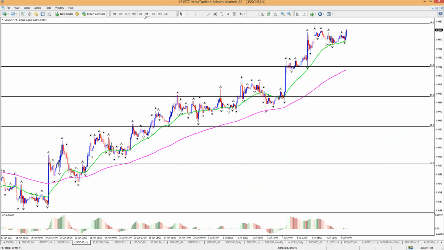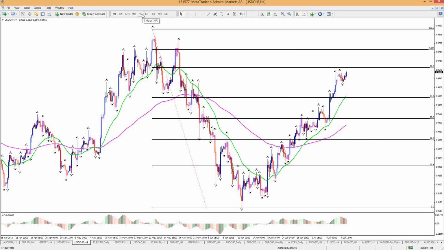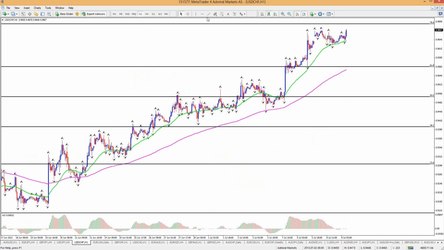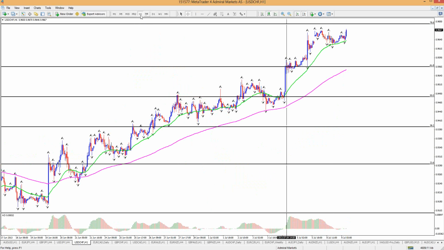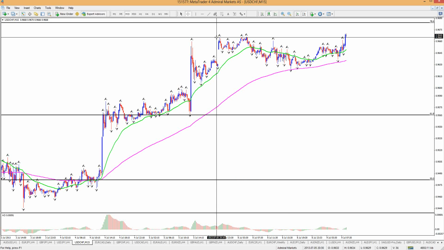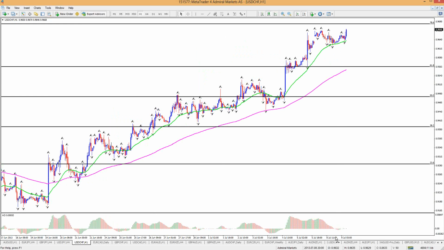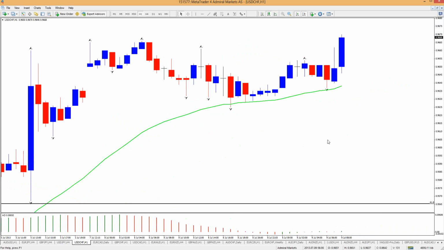Yeah, it looks good. We're in an uptrend. 4-hour chart, higher highs, higher lows. 1-hour chart, we're actually breaking the highs here. Bullish price action. 15-minute chart, we're right at the top. Let me zoom in. So, looking good.